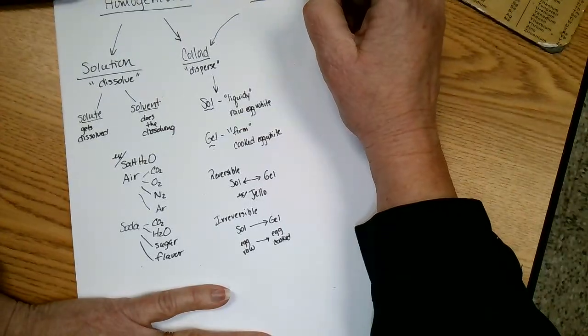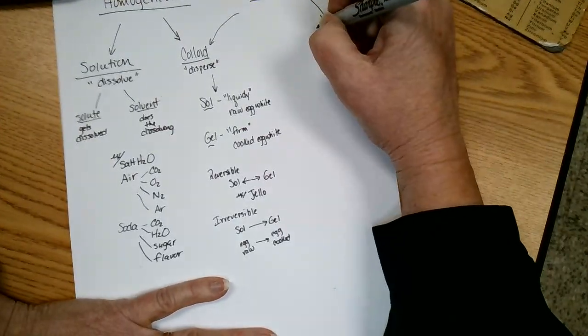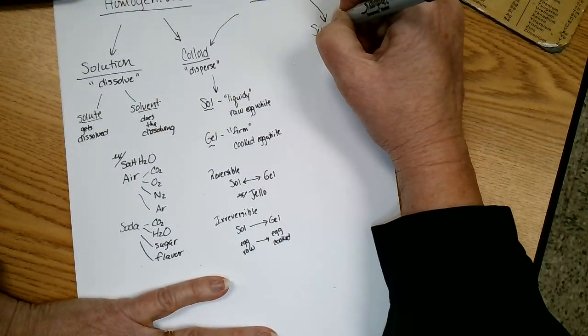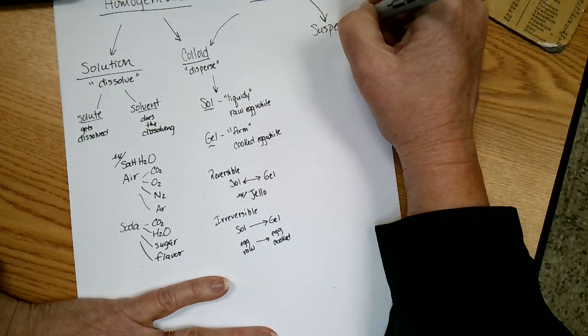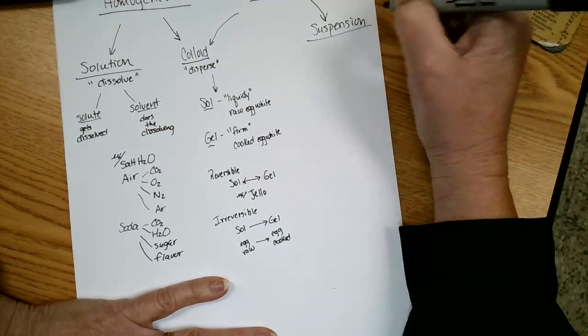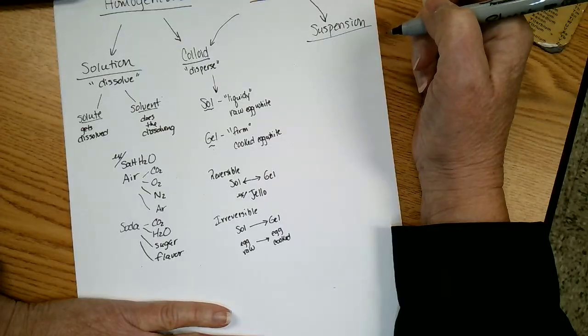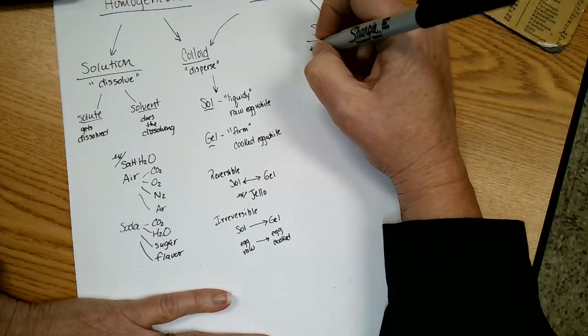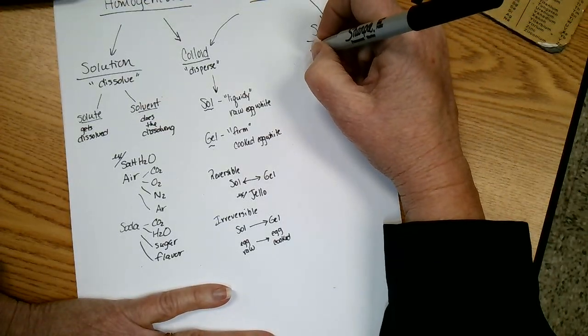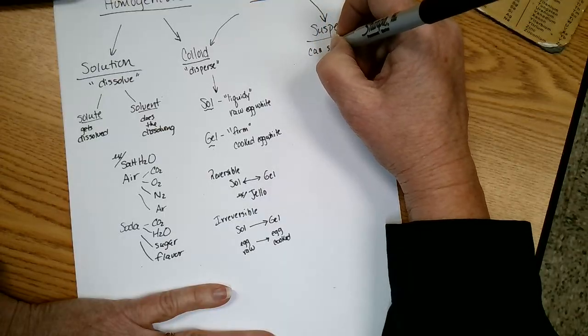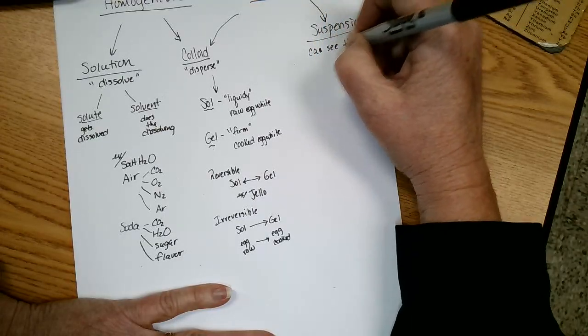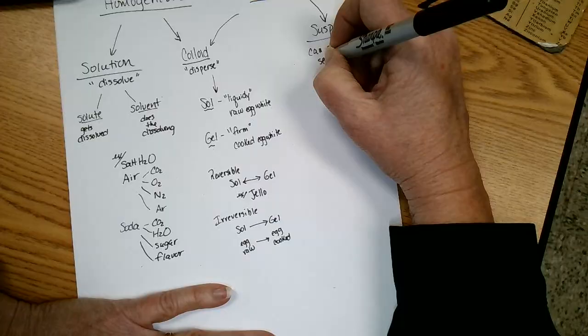Finally, your definite heterogeneous mixtures are what we call suspensions. And a lot of things out there are suspensions, okay? A suspension, you definitely can see a difference. You can see the separate parts.